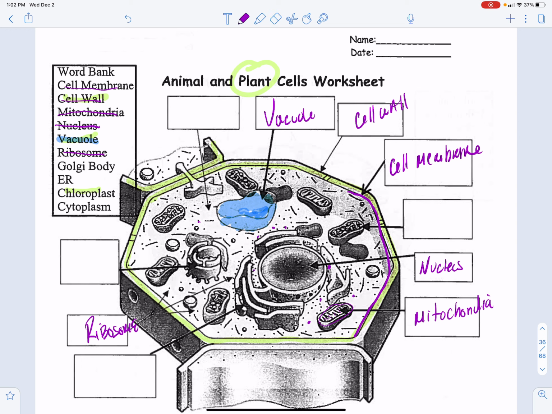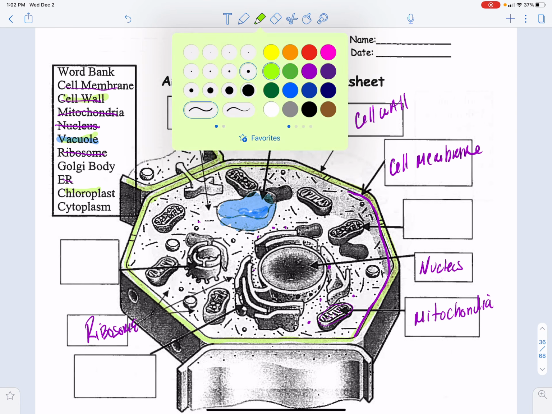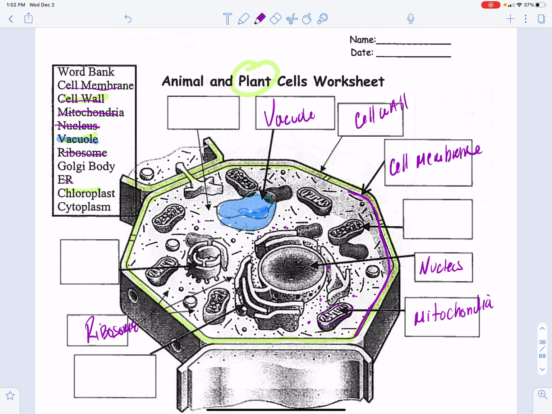Once again, we talked about the ER. Let me grab a different color. This is the ER right here. Once again, it's really closely associated with the nucleus, so it's going to have a lot to do with what the nucleus does. So that's the ER.